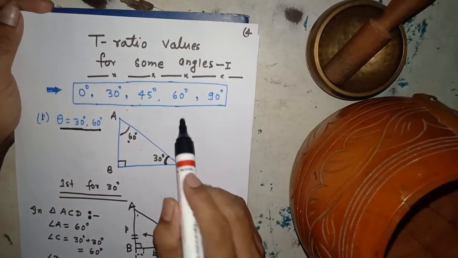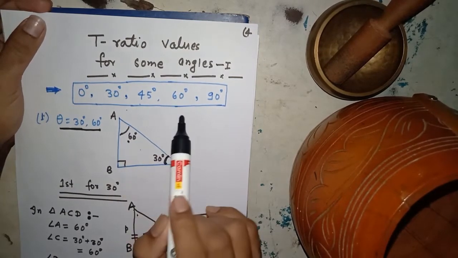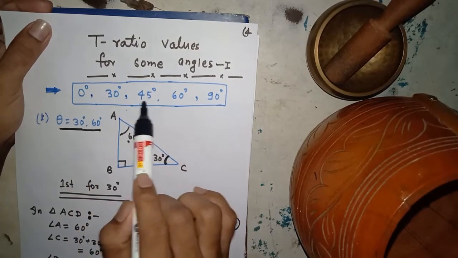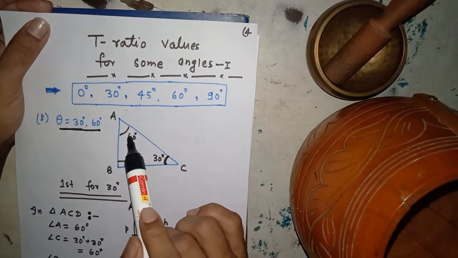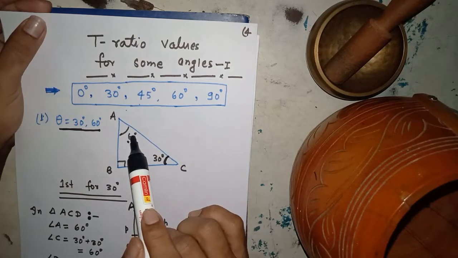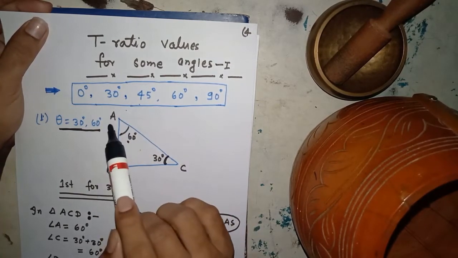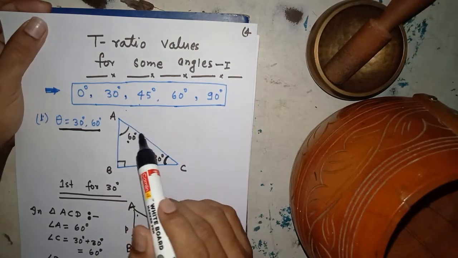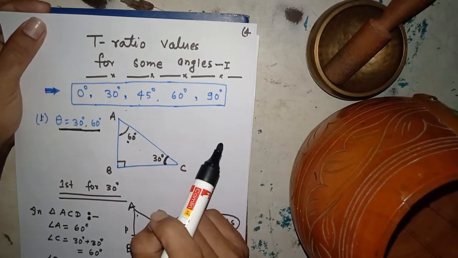Now in the next topic, I am giving you the values of some trigonometric ratios for particular angles. Here I am taking 0 degree, 30 degree, 45 degree, 60 degree and 90 degree. So the first question is how can you find sine 30, cos 30, sine 60, tan 60, cot 30, these kinds of trigonometric values.